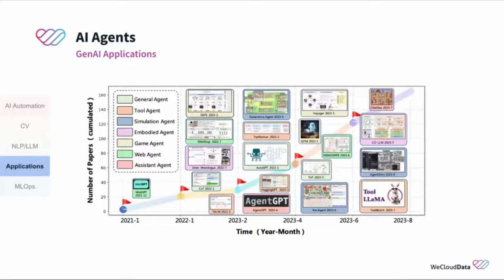And next, I would like to talk about AI agents. I'm no AI agent expert, but my understanding of agents, for example, when you work with tools like LangChain, right? LangChain is an AI agent tool.